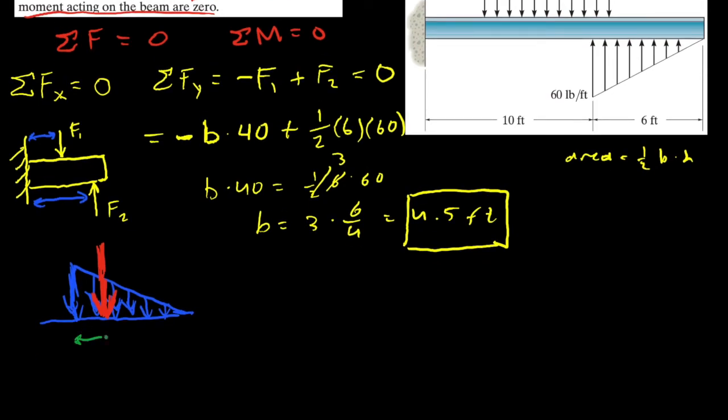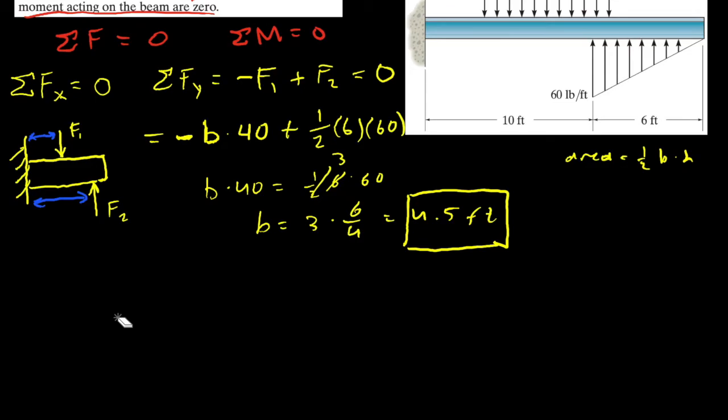If we have a total distance of b, or let's call it x again, the distance from the equivalent point load to the side of termination of the triangle will be 2x over 3, and the distance to the side that the triangle gets bigger on will be x over 3.